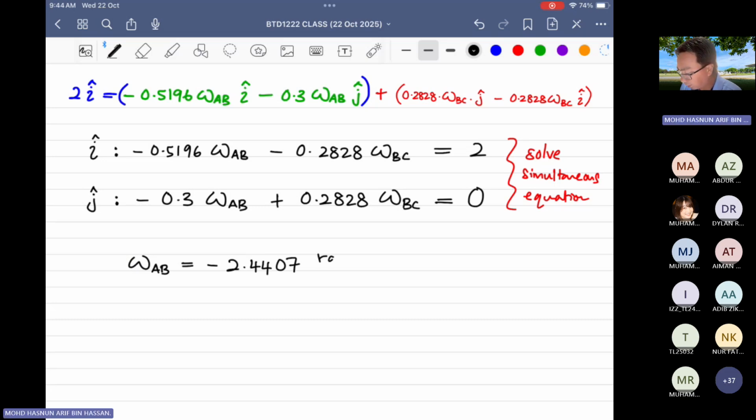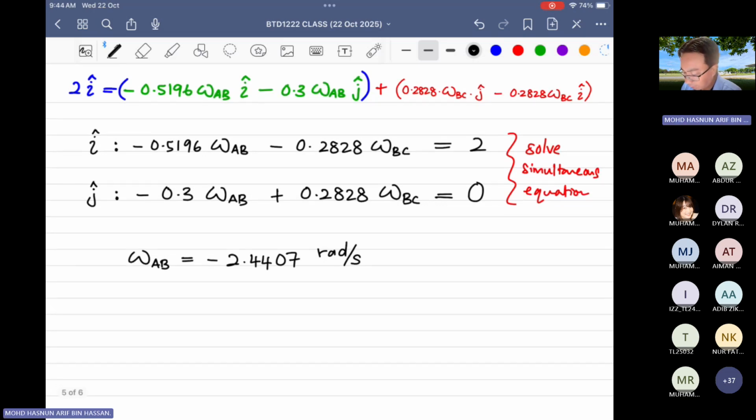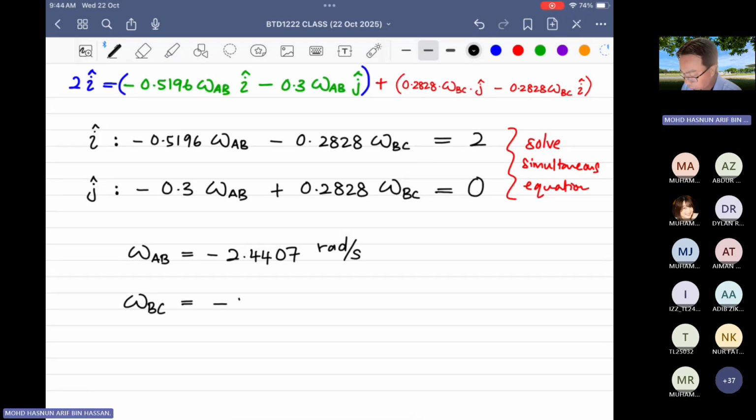Unit is radian per second. Okay. And then omega BC is minus 2.589. Unit is also radian per second.